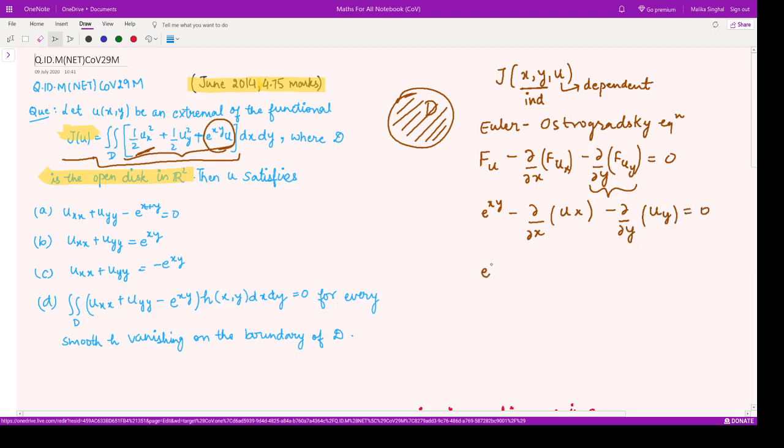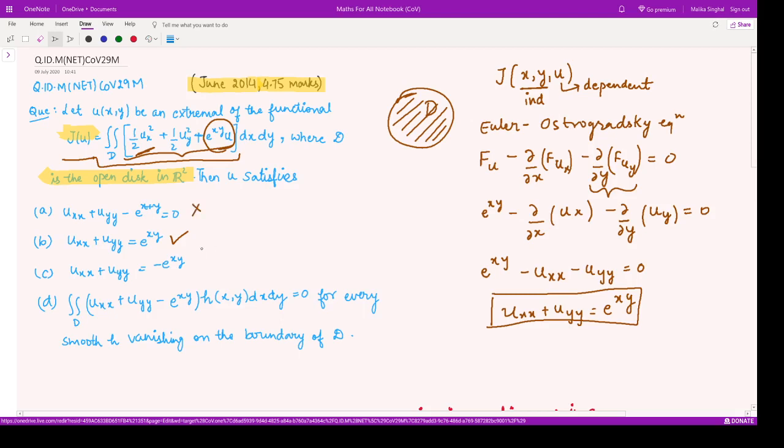So, we have e to the power xy minus u_xx, the double derivative of u with respect to x, minus u_yy is equivalent to 0. So, we have u_xx plus u_yy is equivalent to e to the power xy. So, corresponding to this extremal, option B is the right option, right.